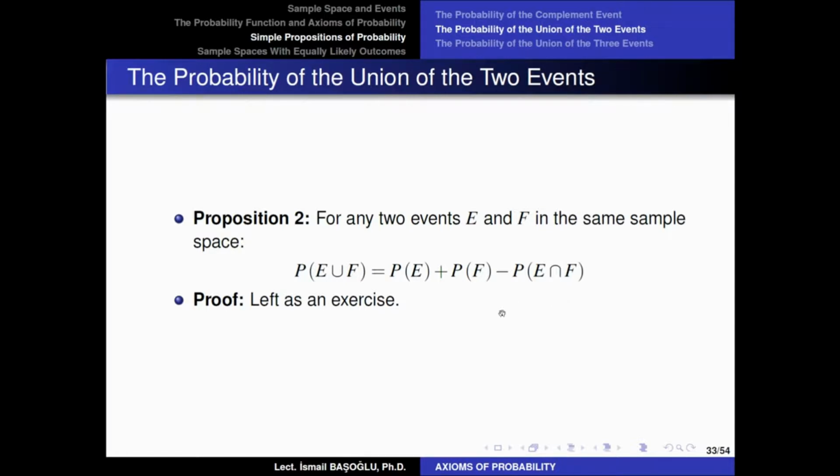So what you can also write is that the probability of the intersection can be calculated by summing up the probability of event E plus the probability of event F and subtracting the probability of the union. Okay, so we can use this equation in order to calculate any probability inside this equation if we know the other three probabilities. Please do not forget about this. This is not a one-way formulation that only calculates the probability of the union event.